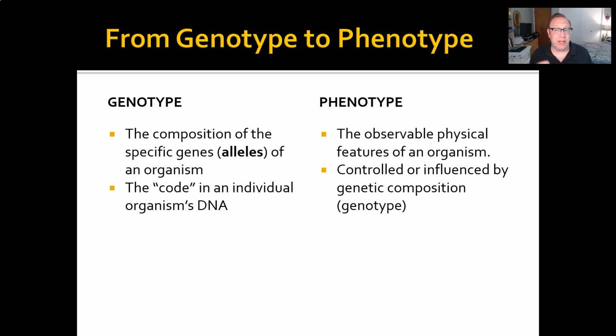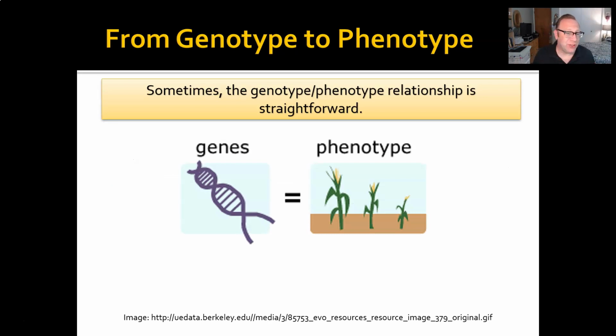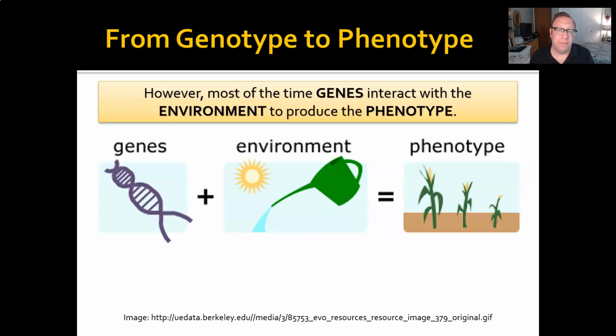So genotype plays a role in phenotype, but it's not always the only role. And that's because most genes don't lead directly to a trait, though a few do. There's an intermediate step where the environment is going to affect how that trait develops.